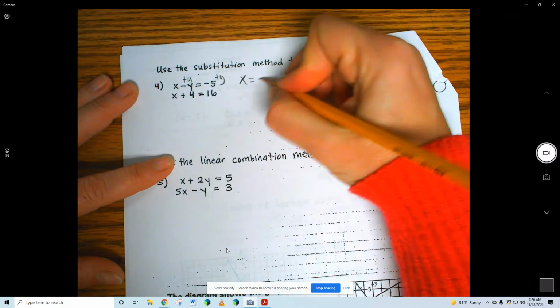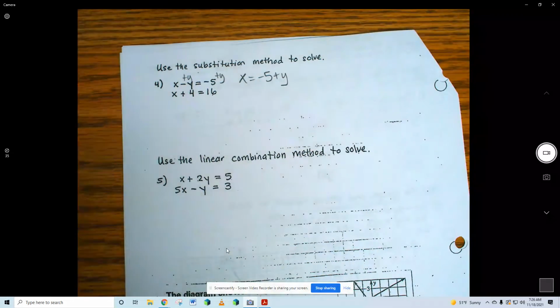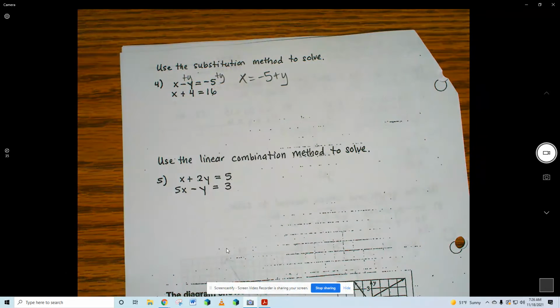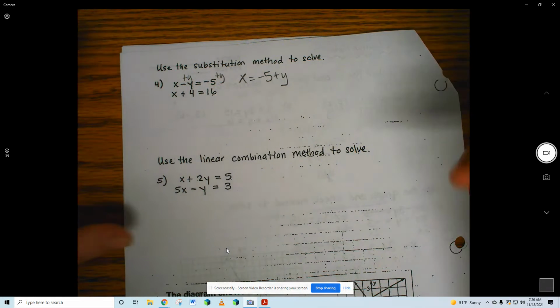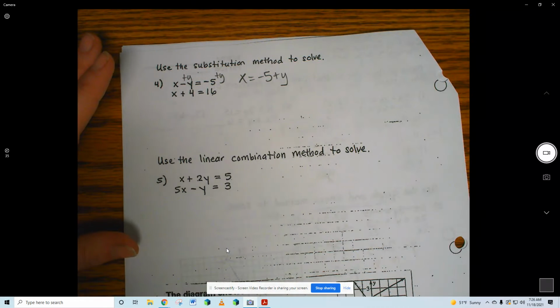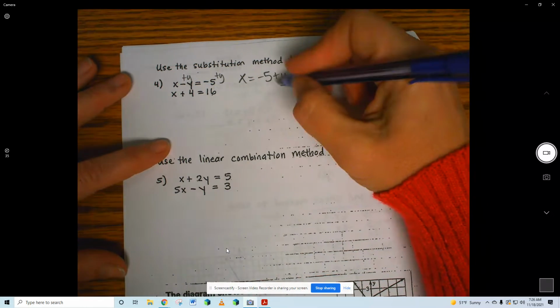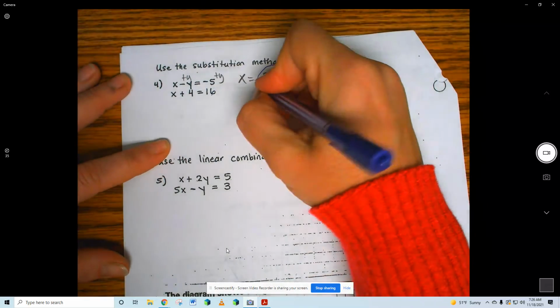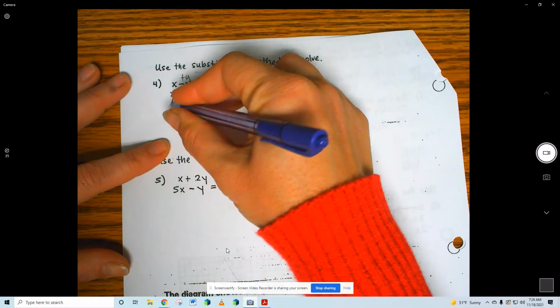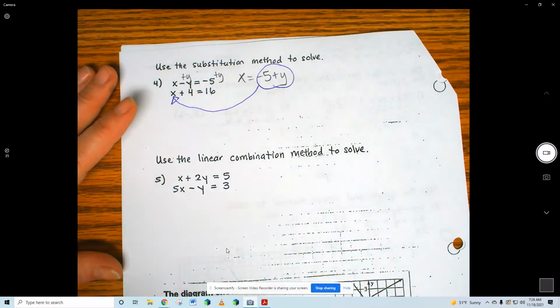X equals -5 plus y. So I just added y to isolate x in the top equation. This is what x is worth. It is -5 plus y. I'm going to plug that in right there for the other x.